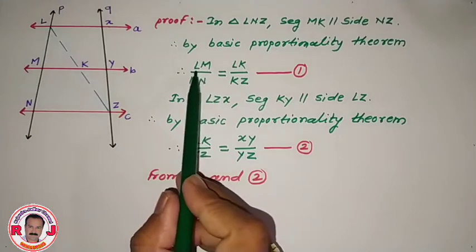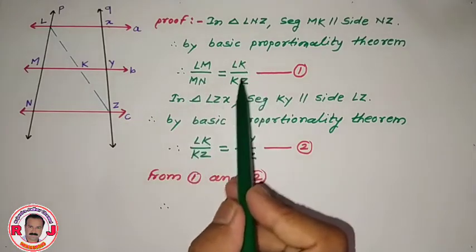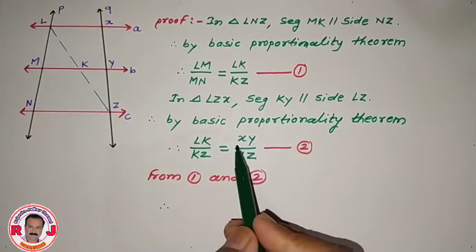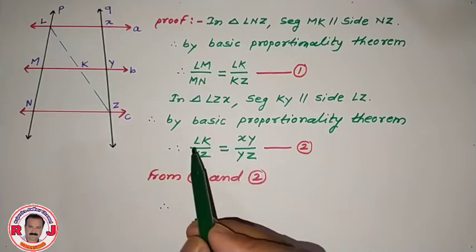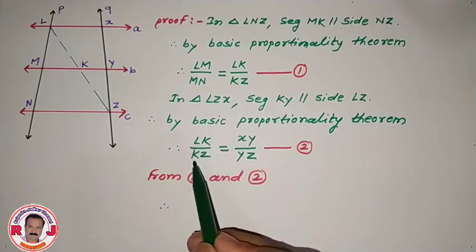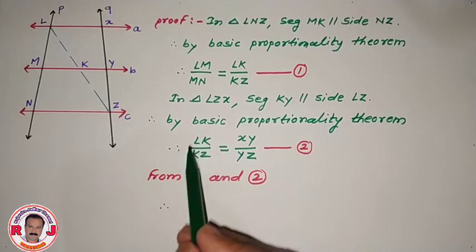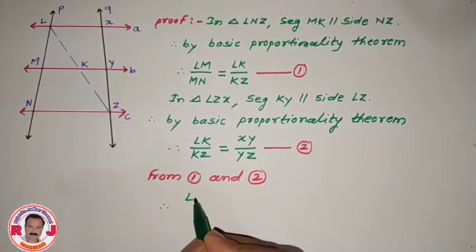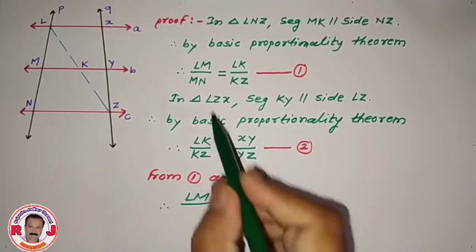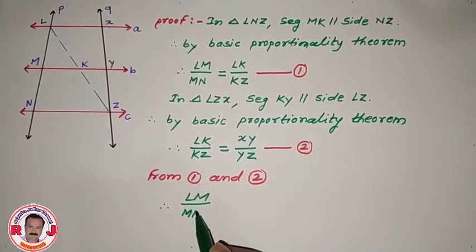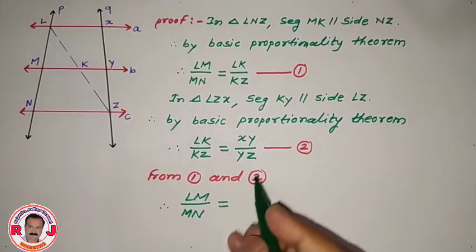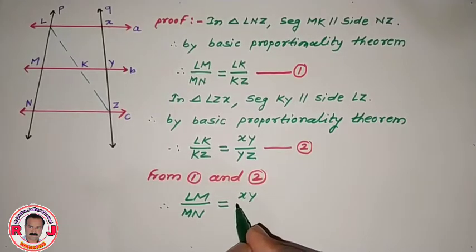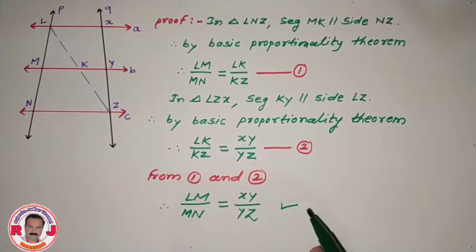The value of LM upon MN is LK upon KZ, and the value of the ratio XY upon YZ is also LK upon KZ. These ratios are equal. Therefore, LM upon MN is equal to XY upon YZ, and this is what was to be proved.